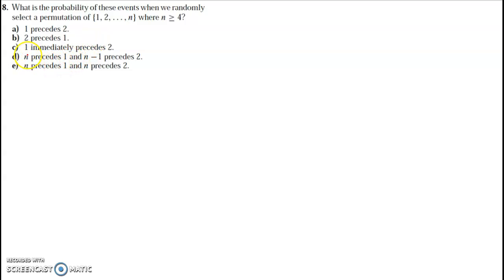All right, so letter C, 1 immediately precedes 2. So this is a pretty interesting case where 1 and 2, these numbers, have to kind of travel together. It doesn't really matter which part of the permutation they exist in, but they just need to always go together.